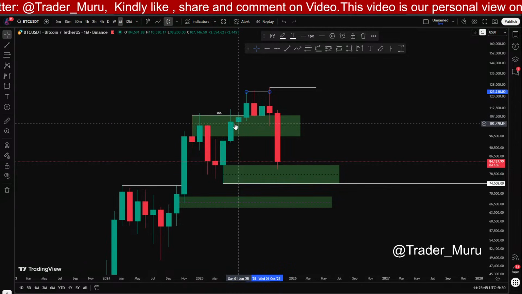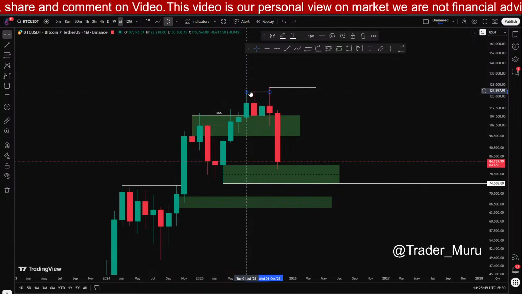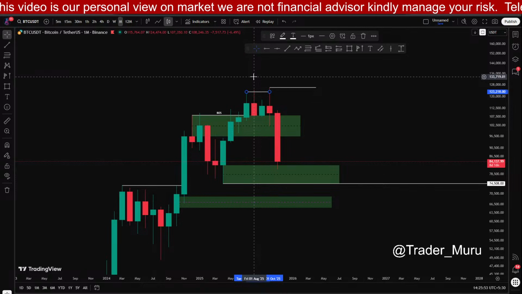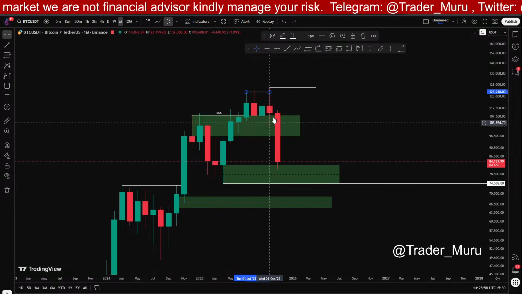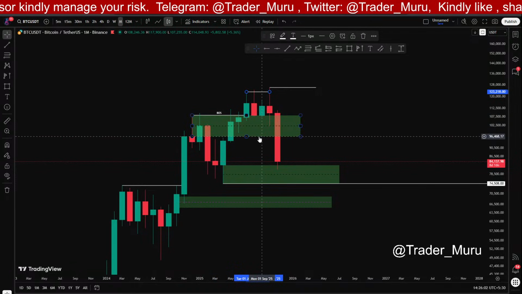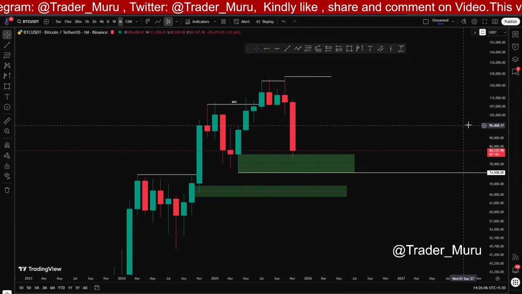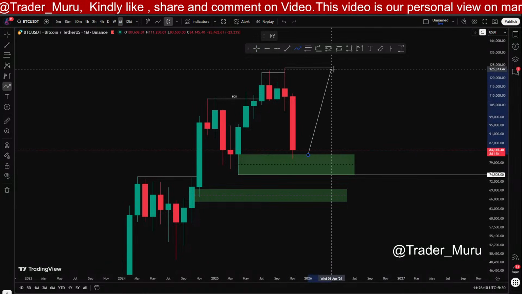So after creating a high, whenever price tests the first zone, the first target is the recently created high. It is already done here. So if price again tests this area, it is most likely to break that one and test the bottom zone. And we are already having the bottom zone test here. So after the test of this area, price should pump.